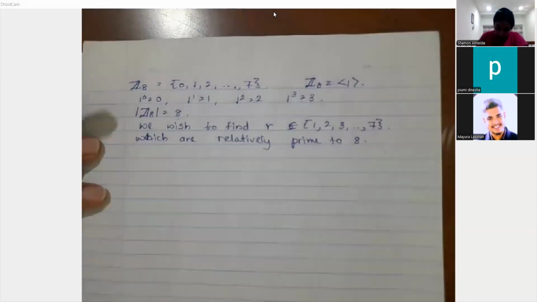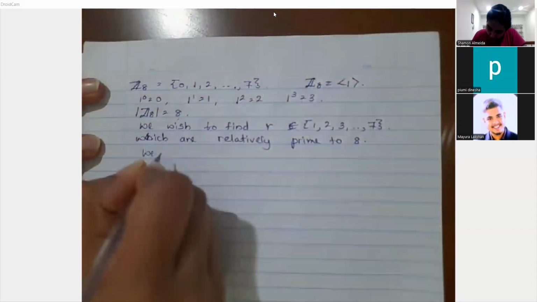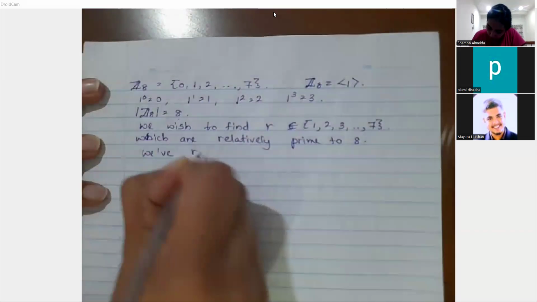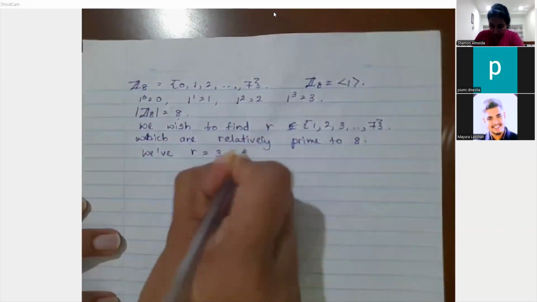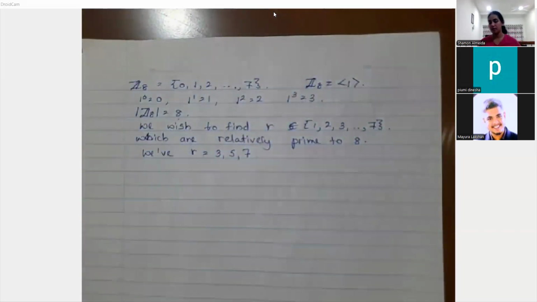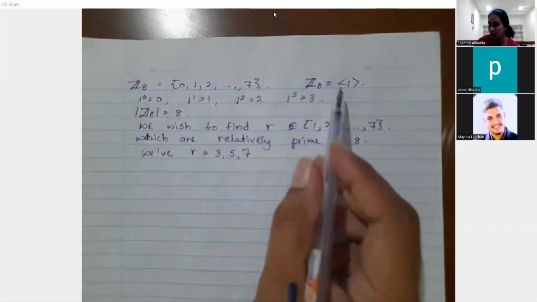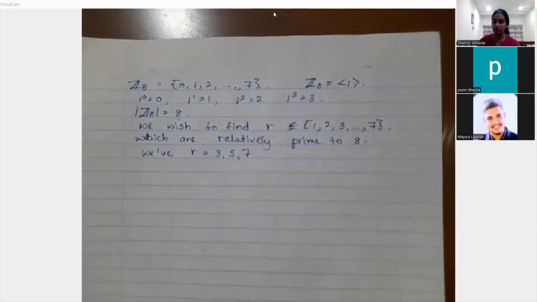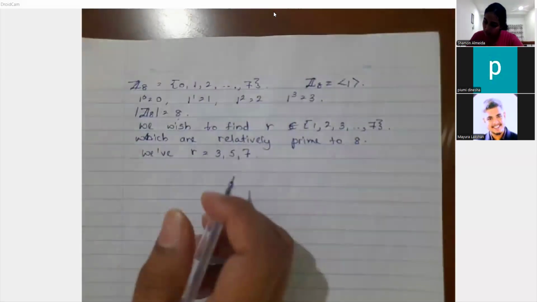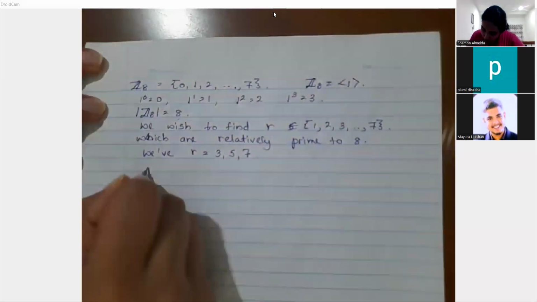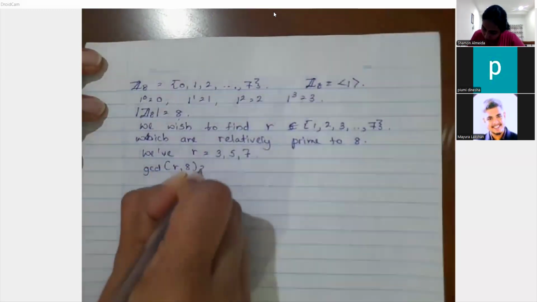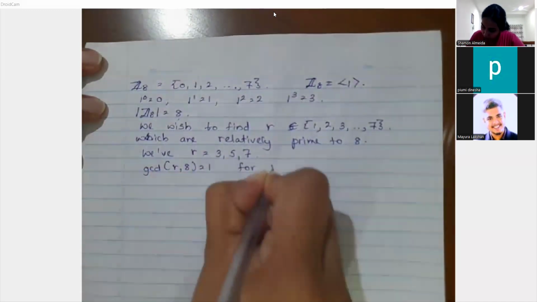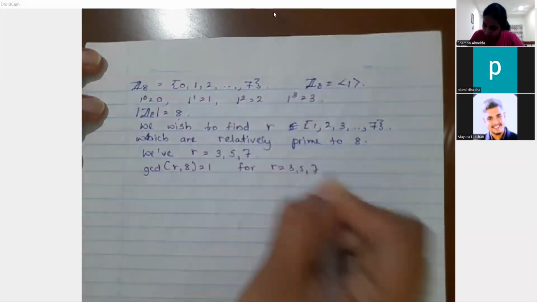So we have R to be 3, 5, 7, right? 1 we can disregard because we know this group is generated by 1. Okay, we have to look at the rest of the elements. 3, 5, 7. So we understand because the GCD of R and 8 is equal to 1, for R equals 3, 5, 7.